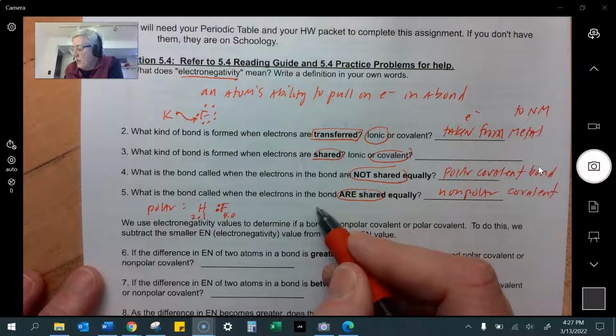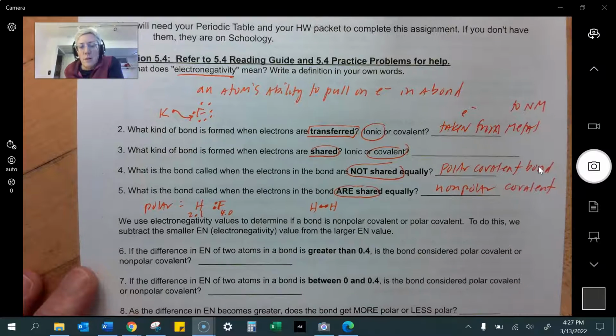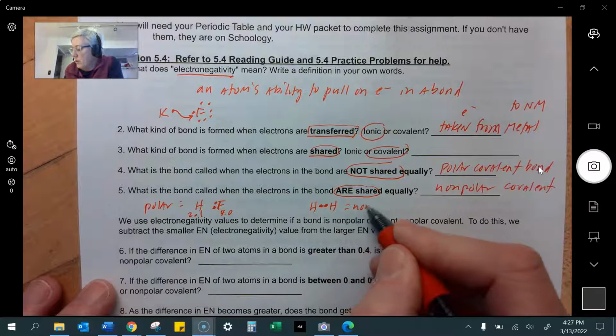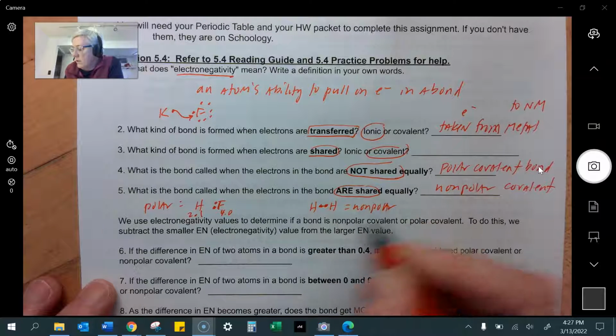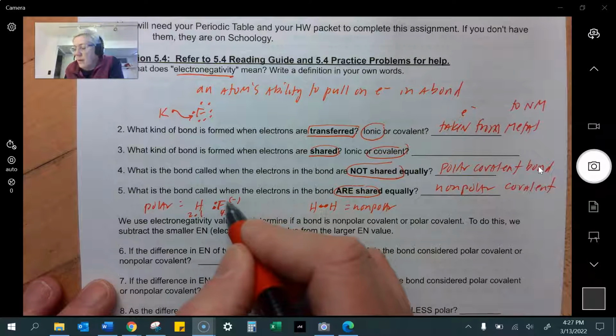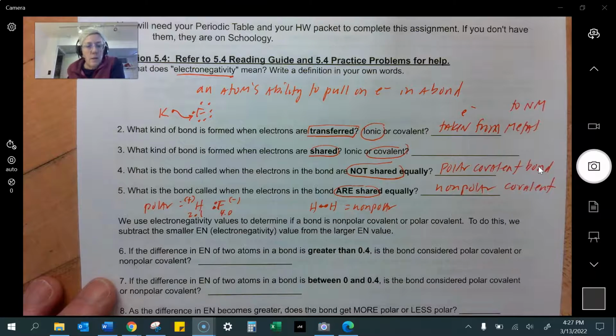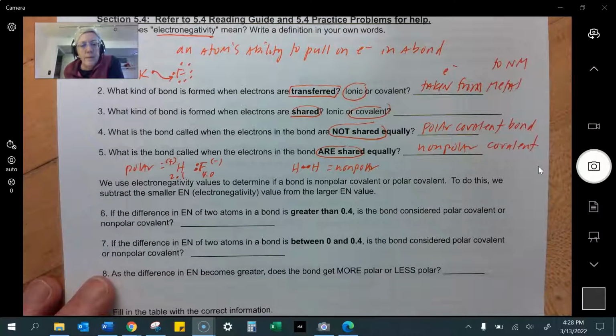A nonpolar bond is where we have H bonded to H. They are equally sharing those electrons. Nobody's winning the tug of war, so this is nonpolar. If it's polar, this end ends up being a little bit negative because the electrons are closer. That end ends up being a little bit positive, okay?